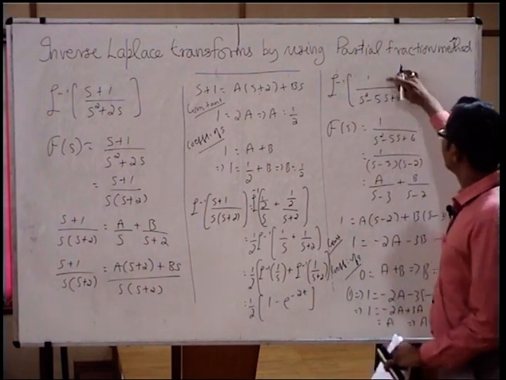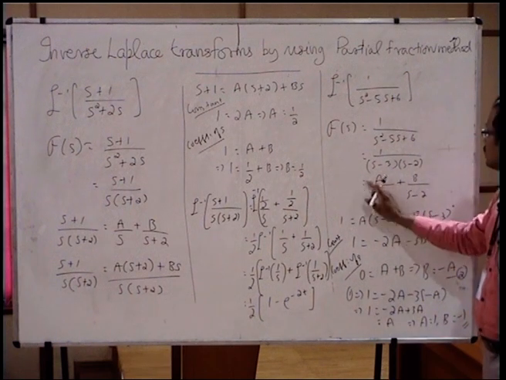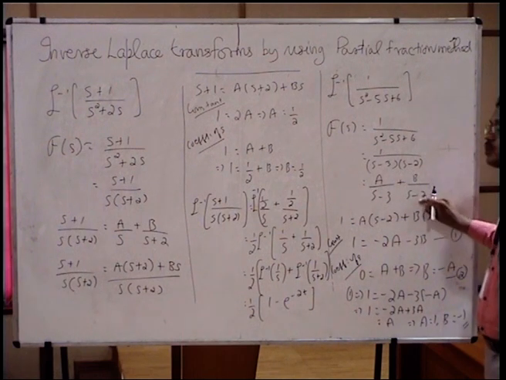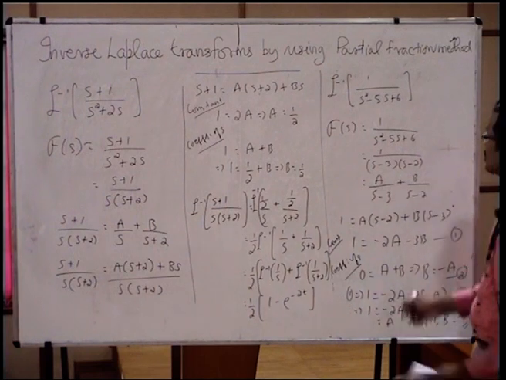Therefore, L inverse of 1 by (s square minus 5s plus 6) is L inverse of a by (s minus 3) plus b by (s minus 2), and we get the values of a and b. So substitute values of a and b in this equation.